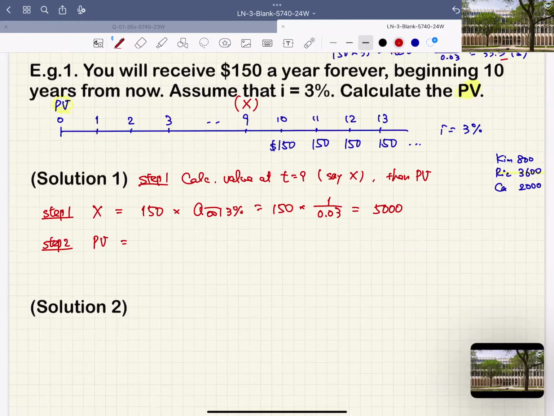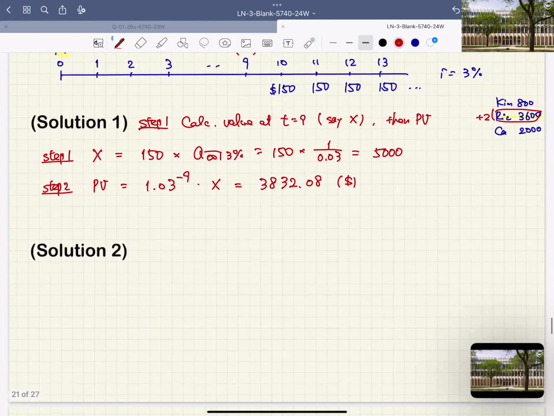PV is 9 years before x, so we have to discount for 9 years: 1.03 to the power negative 9 times x. That is equal to 3,832.08. So Richard is closest. I think it's a pretty good guess.